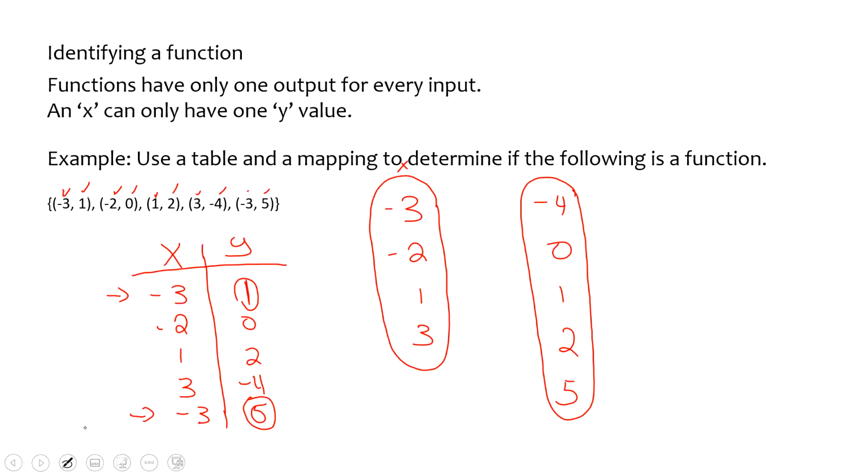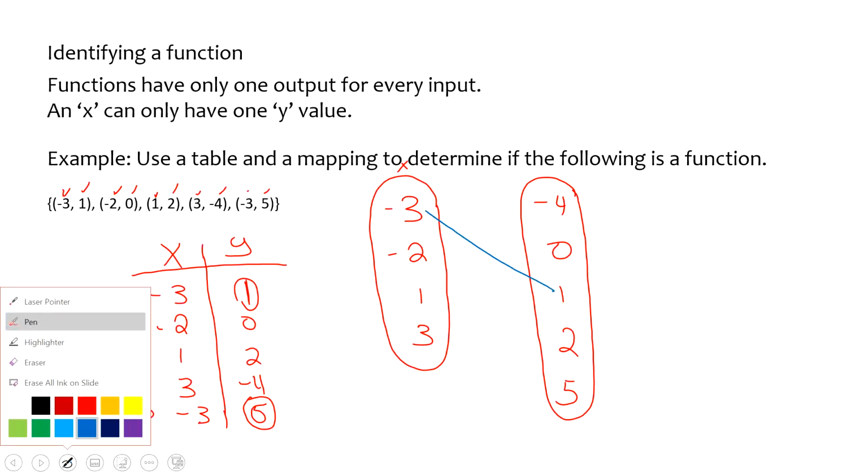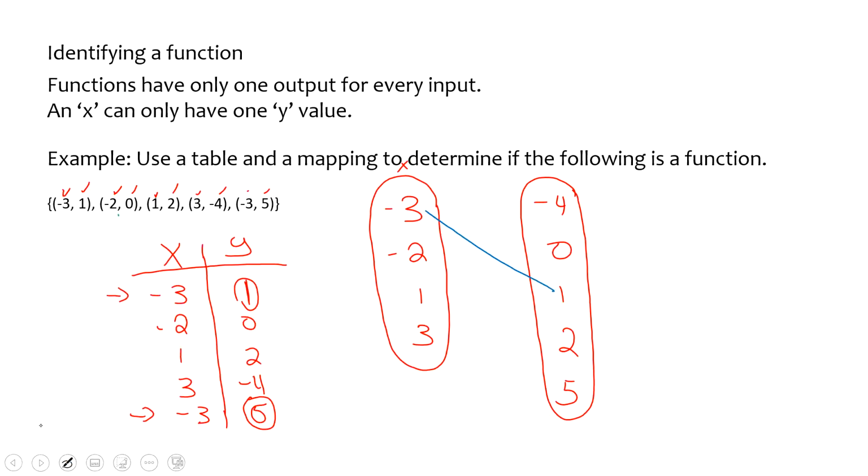So my first value is -3, 1. Straight line, -3 to 1. I'm going to do each one of these in a different color. Green, this is going to be the green one, -2, 0. Purple, 1 and 2.